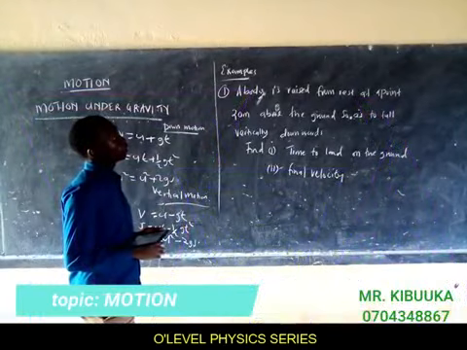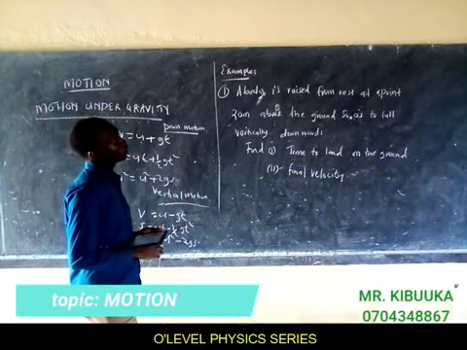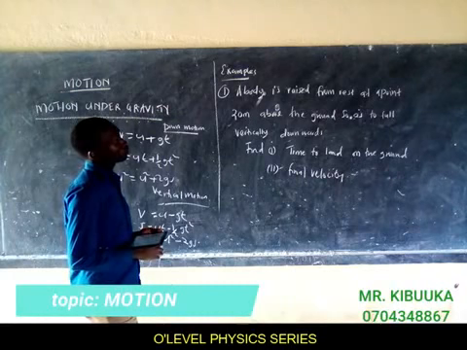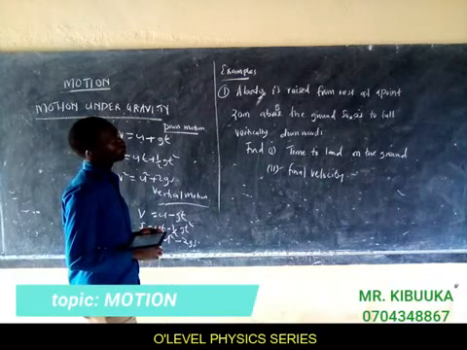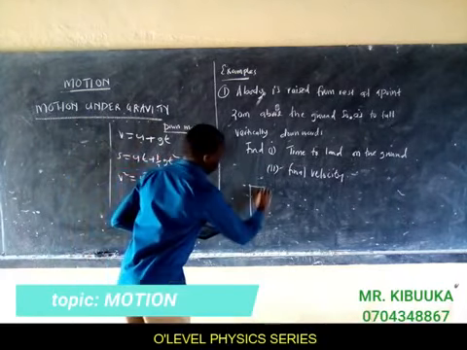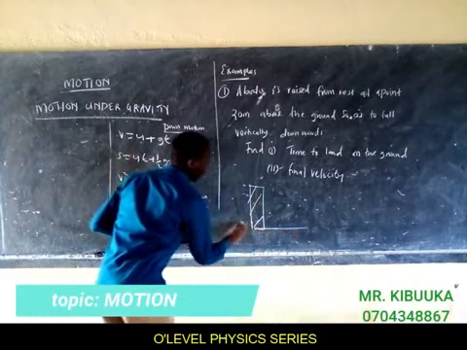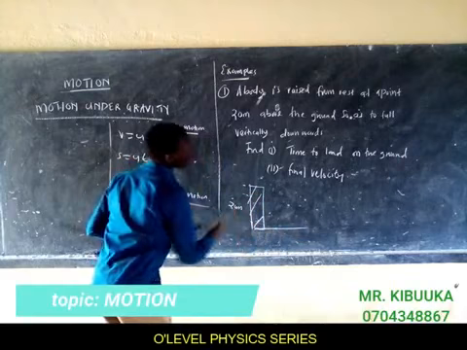Example 1. They said a body is raised from rest at a point 20 meters above the ground, so as to fall vertically downwards. This is the ground level, 20 meters below.